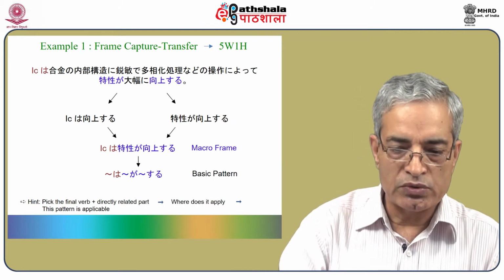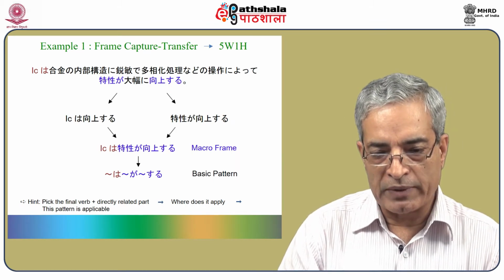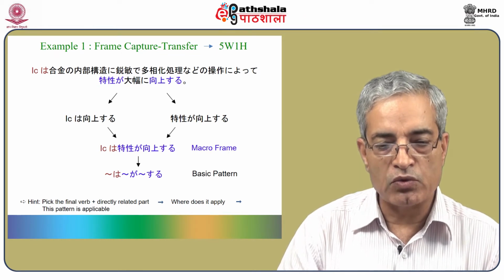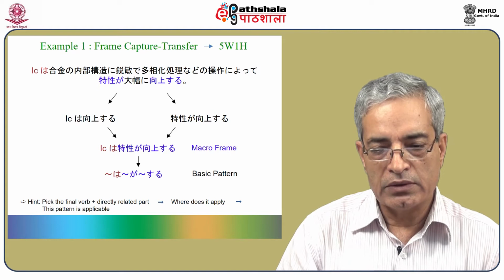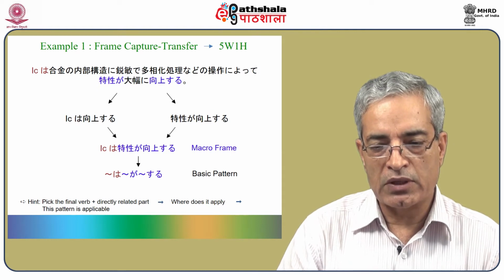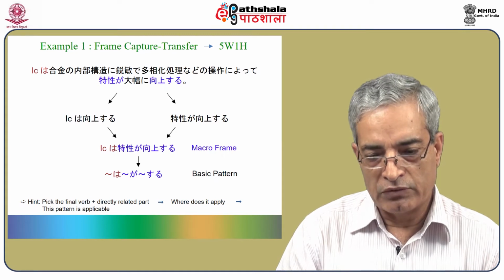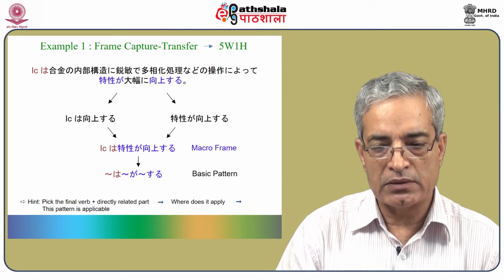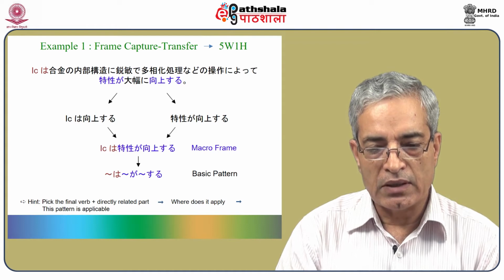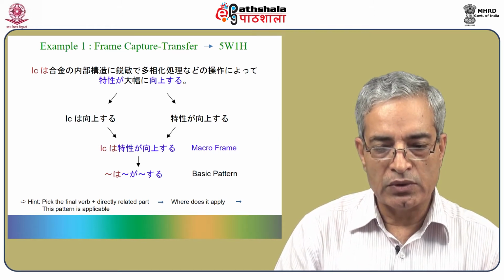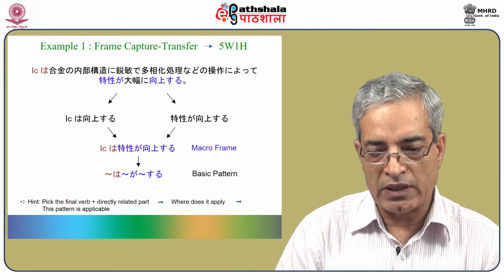This is just to remind you of the frame capture transfer. The example used here is Aisiwa Gokinno Naibu Kozoni Ebinde Tasoka Shori Nadono Sosani Yote Toksega O Habani Kojosuru. We have already seen that in this particular case, the macro frame is Aisiwa Toksega O Habani Kojosuru, and out of this, O Habani is an adverb, so it is taken out.